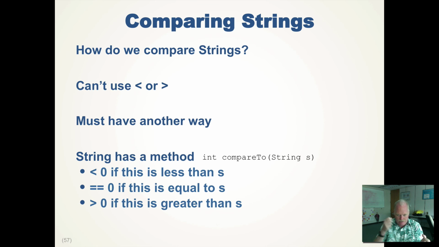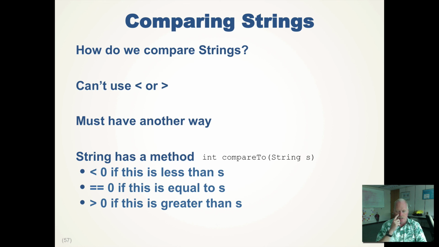So if this is less than s, compare_to will return a negative integer. It will return 0 if this is equal to s, as in each of the characters are the same. It will return a positive int if this is greater than s.